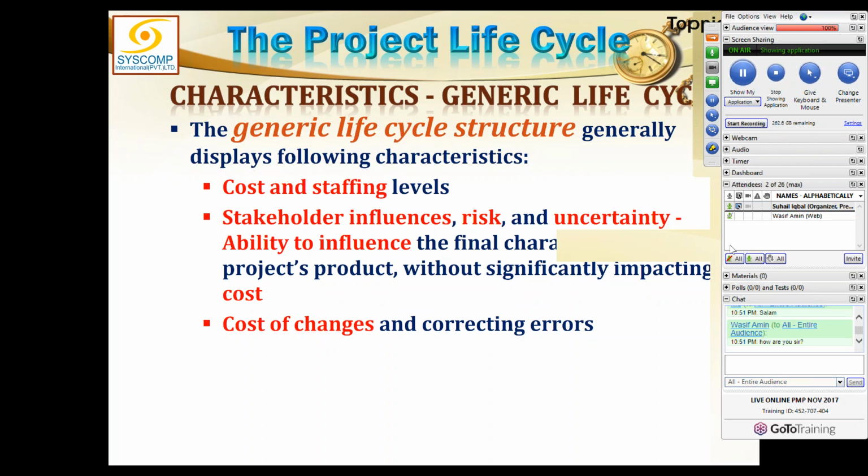What about a floppy disk? Correct. Do you see a floppy disk anymore? No, no. So this is one example where the life cycle has ended.